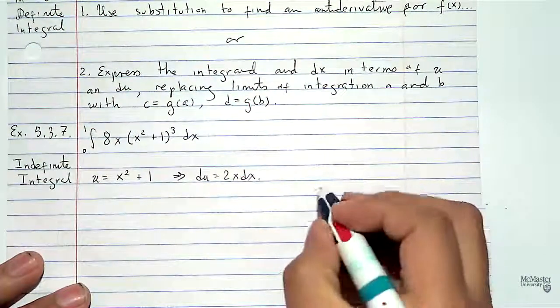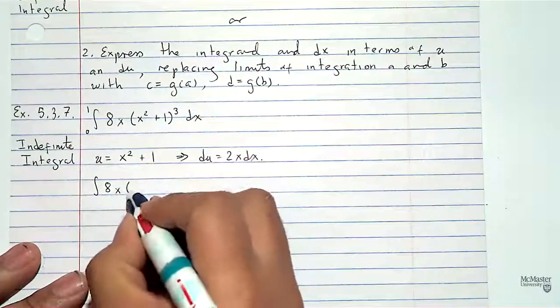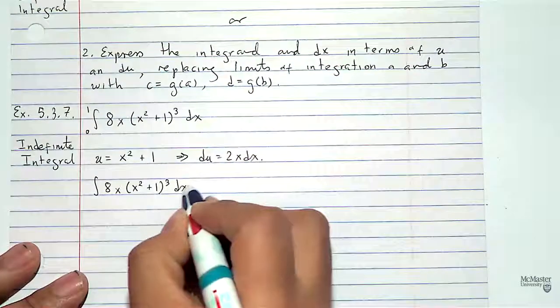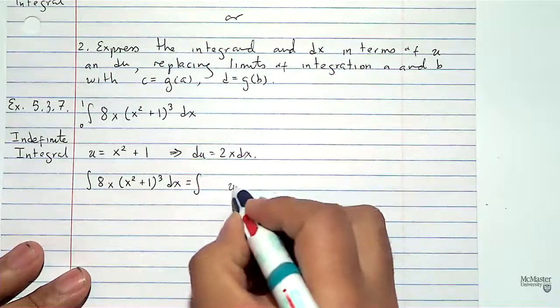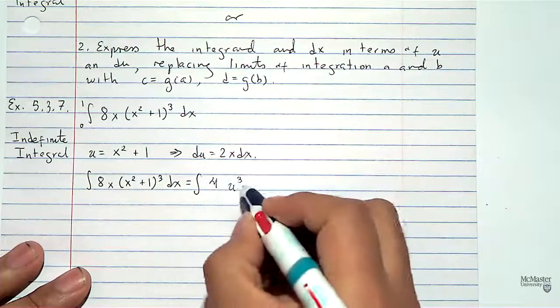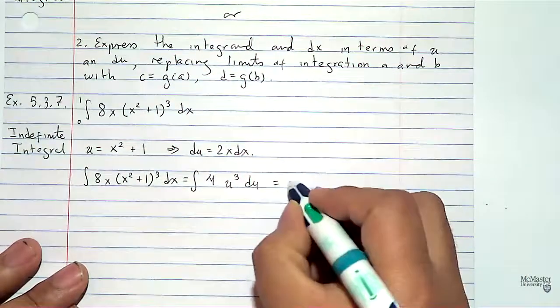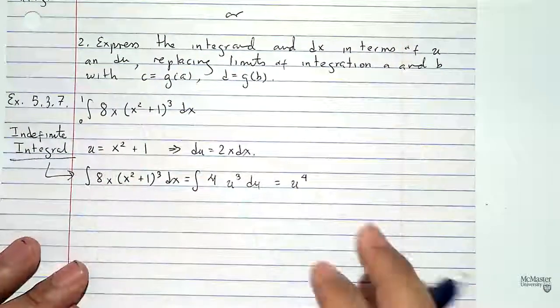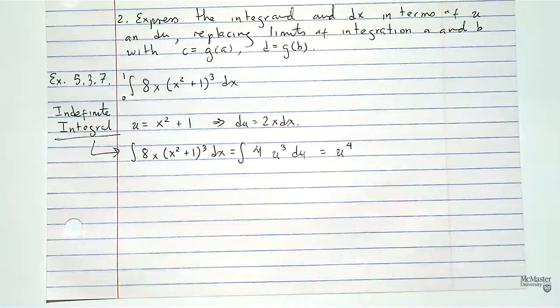So this is easy because, well, now if I consider only the indefinite integral, 8x times (x squared plus 1) cubed dx, indefinite for the moment, basically I have u cubed, this is 4 times du, so there's a factor of 4, which relates the 2 to the 8, and this one is easy to do, right? So this is u to the 4th, in terms of the indefinite integration. So first we're doing indefinite integration, then we will use the fundamental theorem of calculus, since now we recognize an antiderivative.